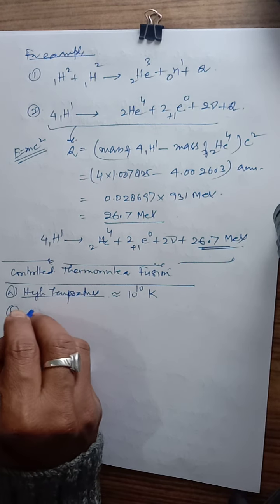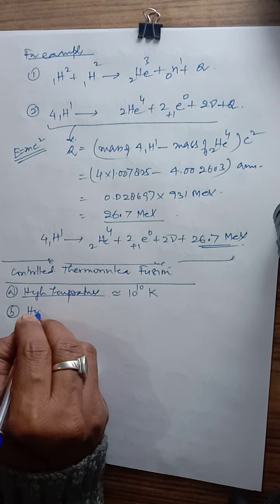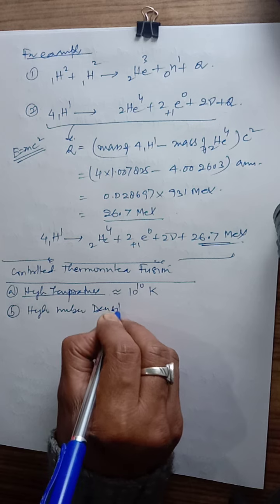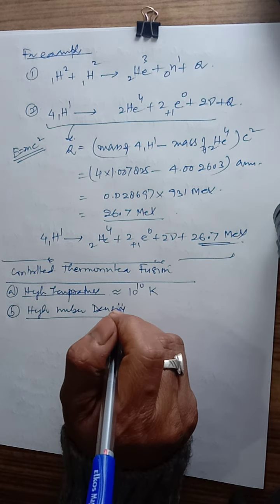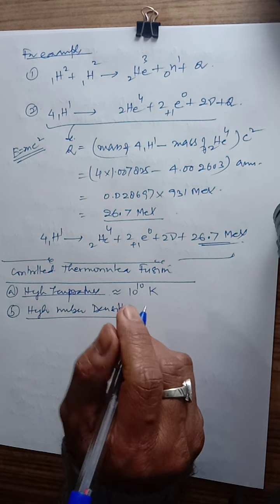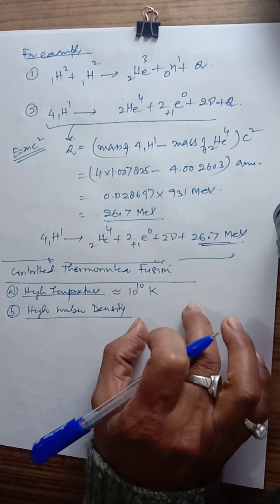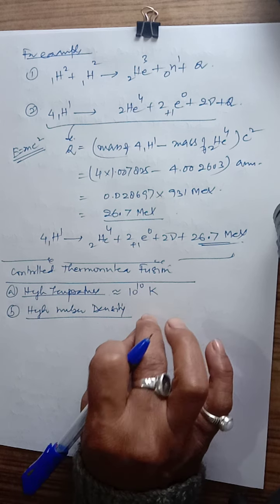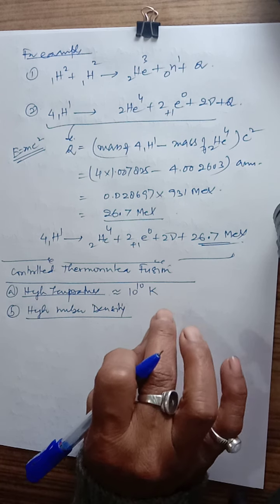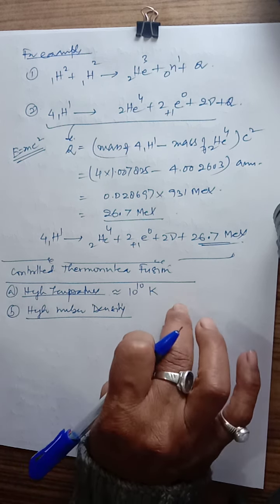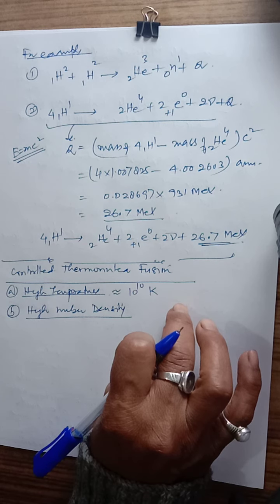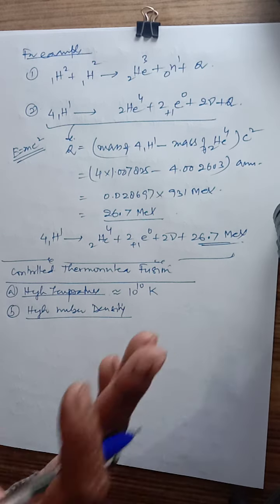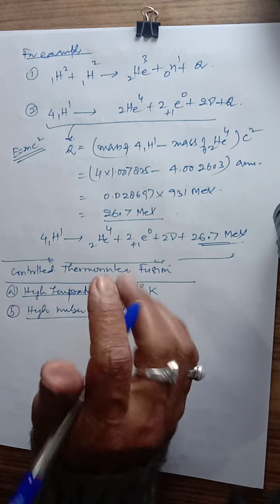Number 2 is high number density. A high number density of particles is required for a high collision rate. As much as the collision rate is high, the amount of heat is more. So ultimately the product efficiency will be more.